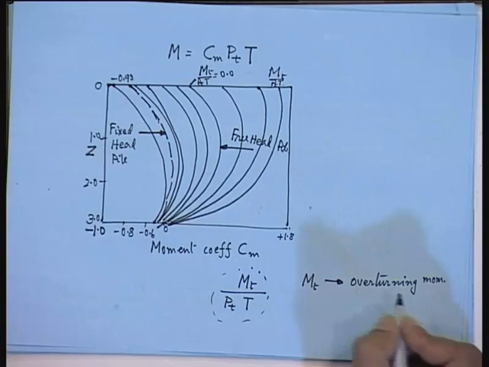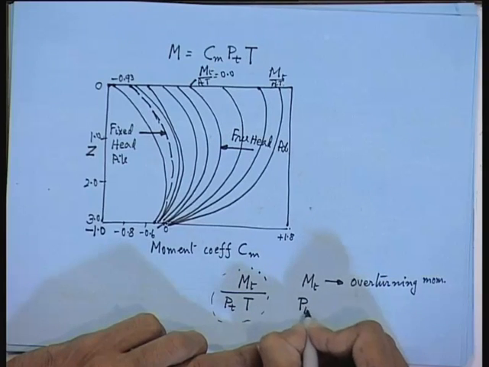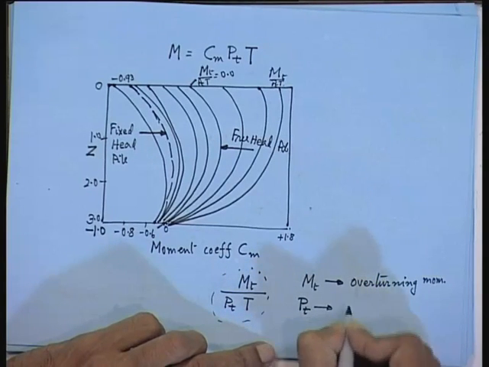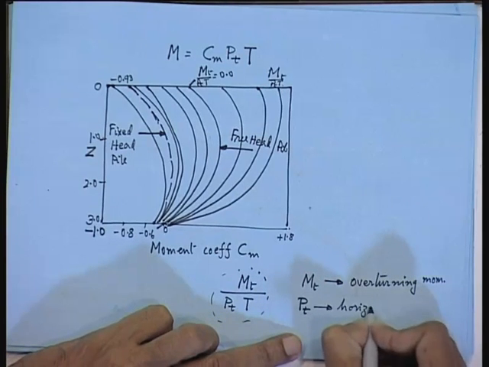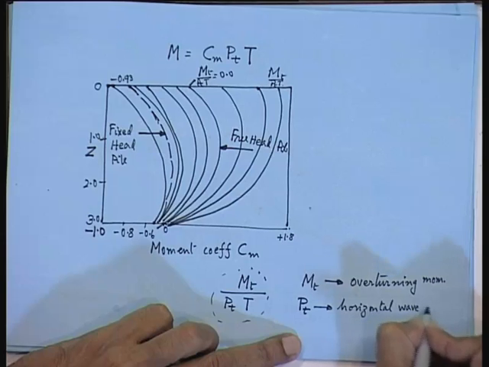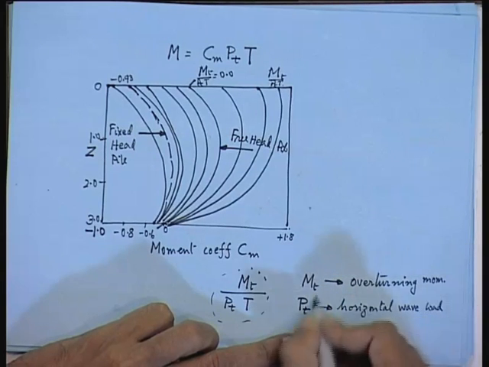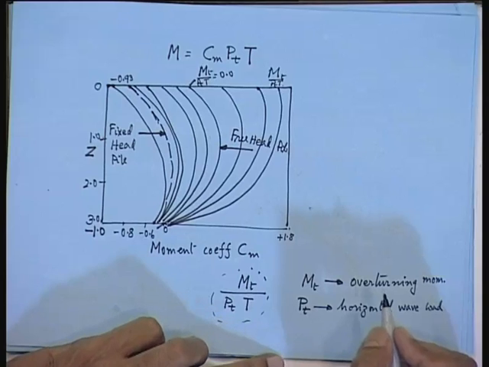This is coming from your wave load. PT is horizontal wave load. So, what is MT? MT is PT multiplied by lever arm straight away.